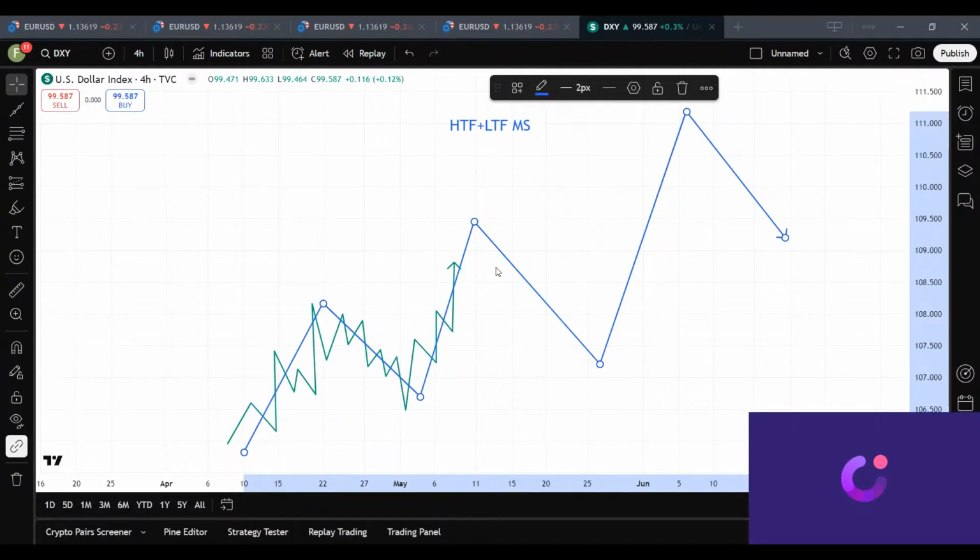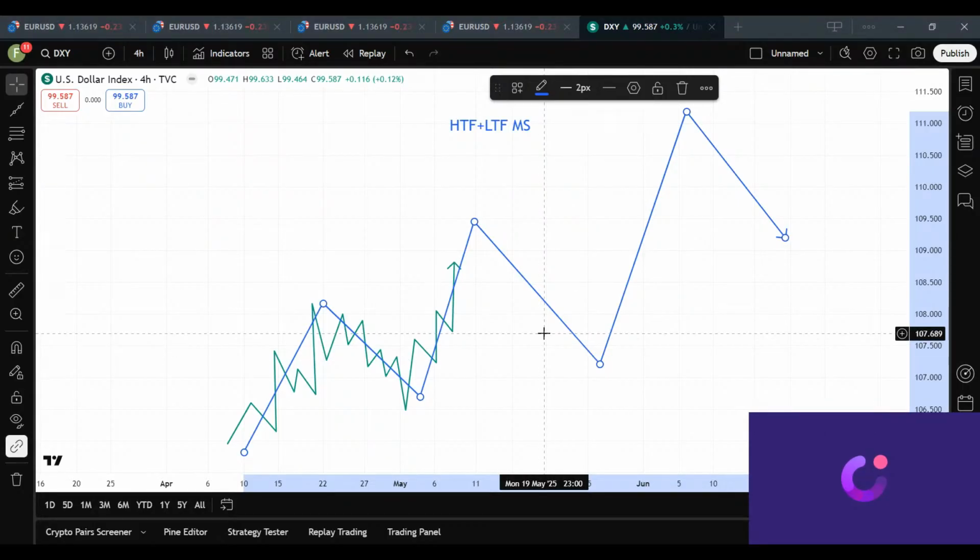Are we together there, guys? The green is representing my lower time frames. All right, yeah. I'm sure now you get the idea of what we're trying to do.